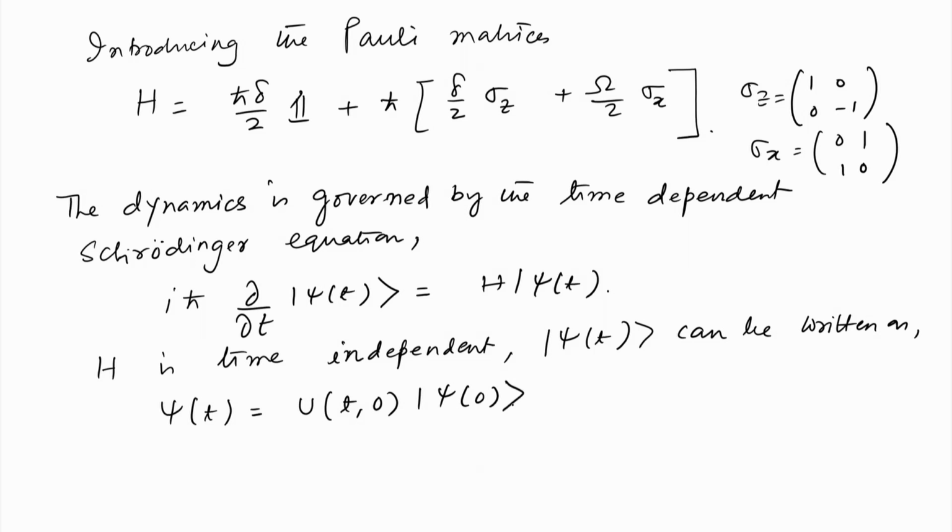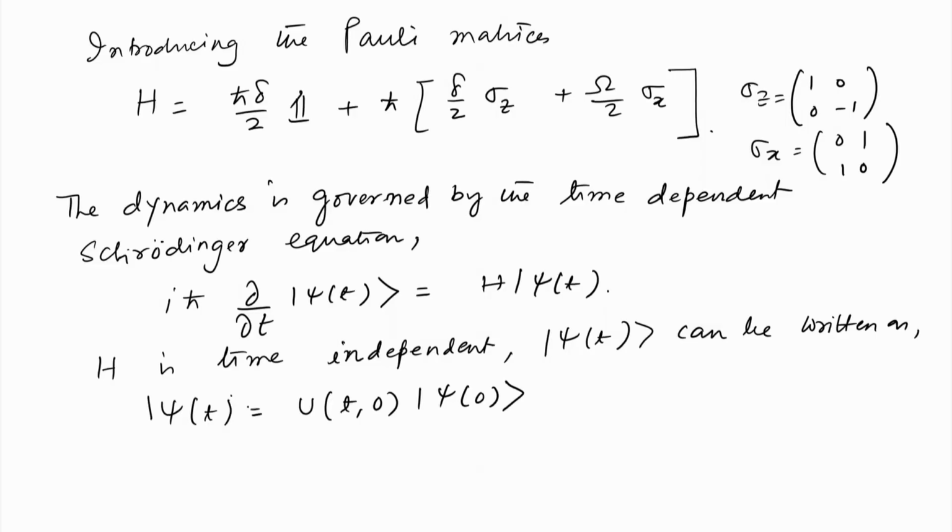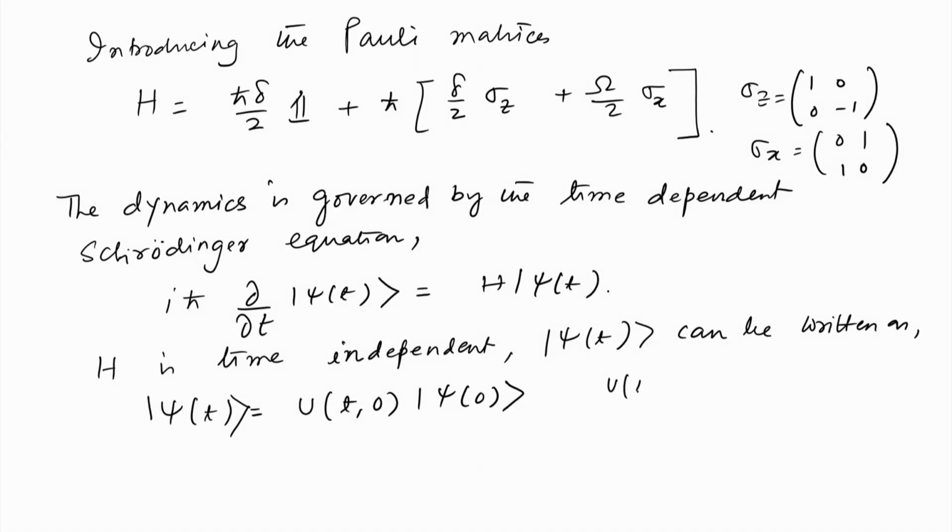That means the wave function starting at t equal to 0 can be evolved to a wave function at time t by using this operator U(t, 0), which is a time evolution operator. And of course, one of the properties of the time evolution operator is that it is a unitary operator.